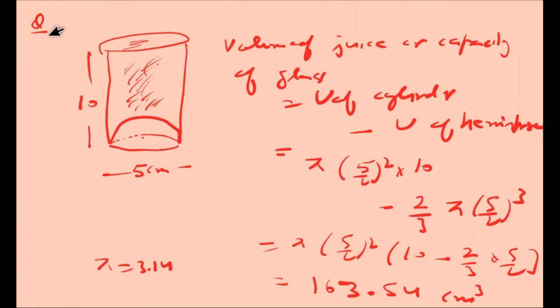This way you have to understand the figures. I am always saying you have to understand the figure. Now we will discuss some more questions here. A toy is given in the form of a hemisphere surmounted by a right circular cone. Here is a hemisphere and here is a cone.